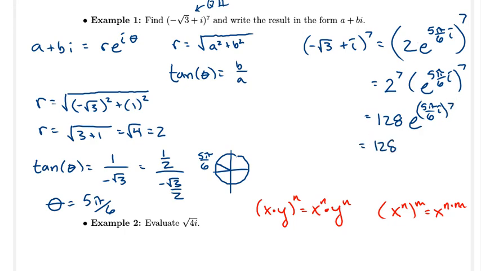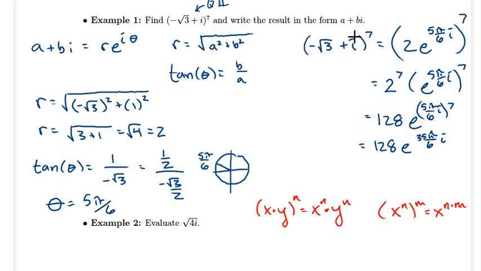That gives me 128 e to the 35 pi over 6 i. And that is going to be my complex number in polar form, the answer to this original problem.